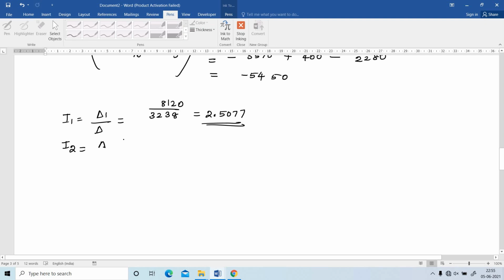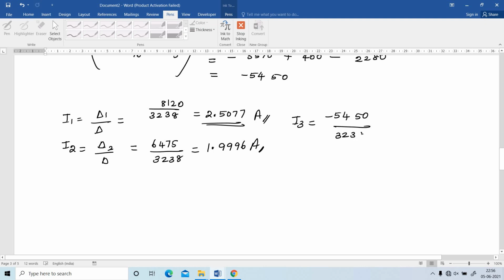I2 equal to delta 2 by delta, that is equal to 6475 divided by 3238, 1.9996 ampere. Write the unit, that is important. Then I3. I3 is minus 5450 divided by 3238, that is equal to minus 1.6831 ampere.